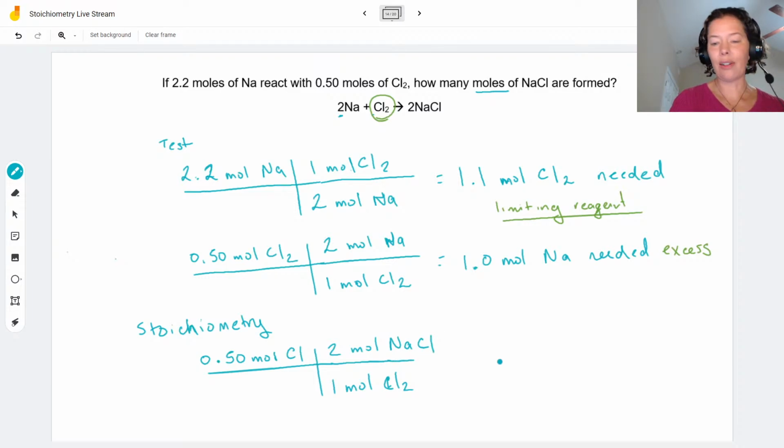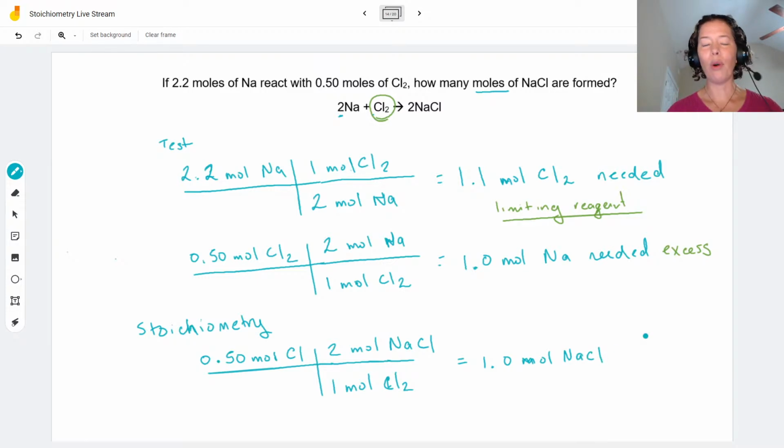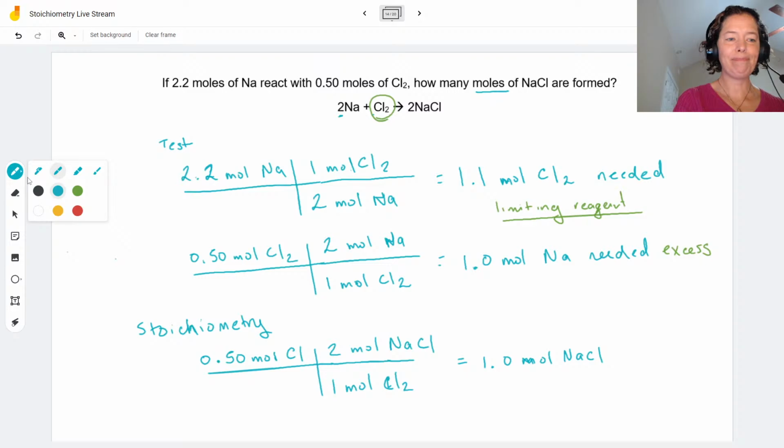And that is the only calculation I need. And of course, it is a very easy one. And I should get 1 mole of sodium chloride. And you can see here that that has canceled as well.